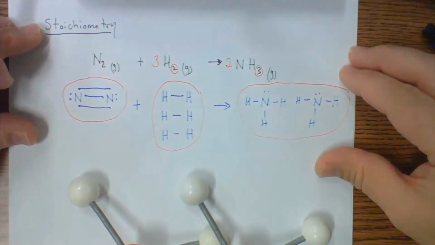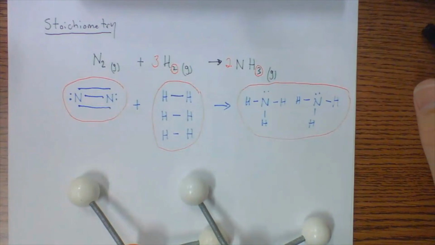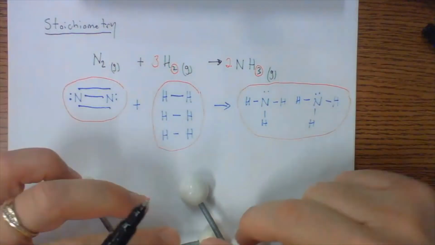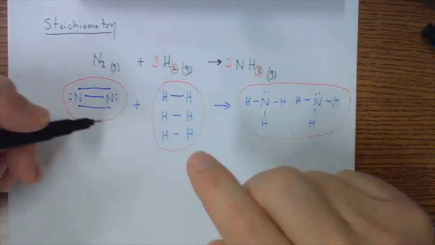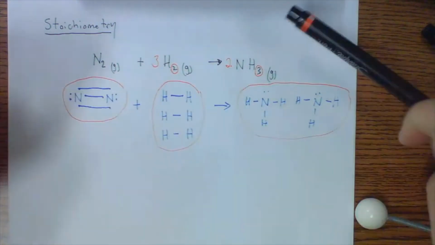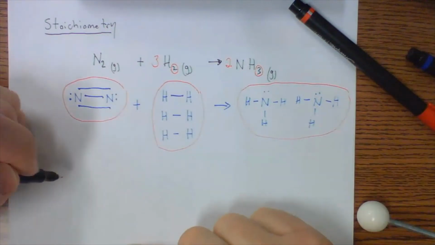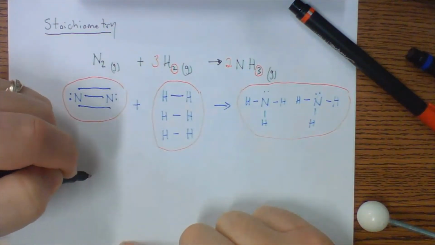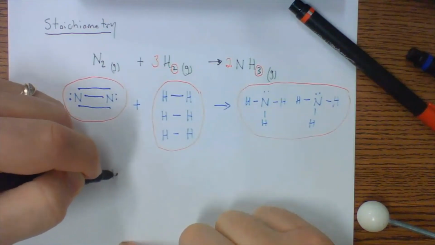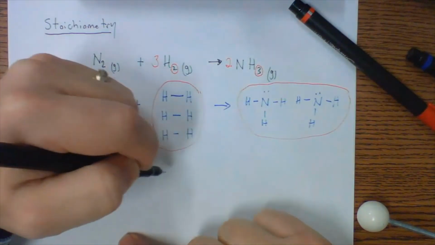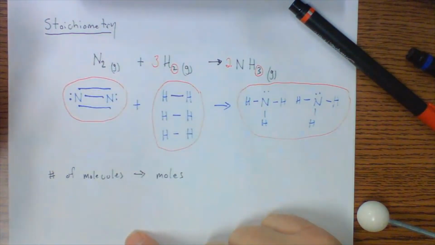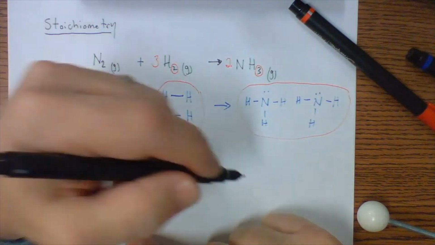Now what we do is we start to say, well, when we start talking molecules, really we're talking in terms of number of things. Okay, and so how do we normally talk about number of things? Well, the number of molecules can always be related into moles. And so what we're really doing is we're looking at this in terms of the mole ratios.